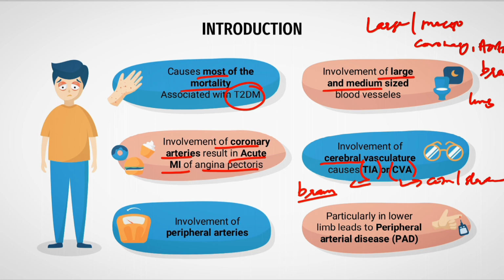If the symptoms of this brain hemorrhage are temporary, usually lasting for less than 1 hour, then it will be termed TIA, transient ischemic attack. If the symptoms persist for longer than 1 hour, then this condition will be known as cerebrovascular accident or cerebral infarction or stroke. If there is involvement of peripheral arteries, this will lead to peripheral arterial disease in the lower limbs.